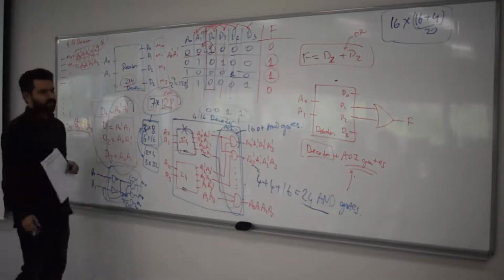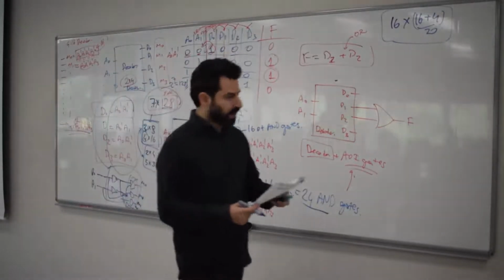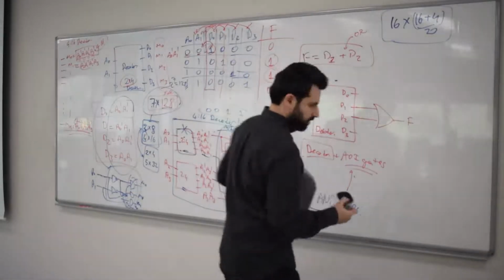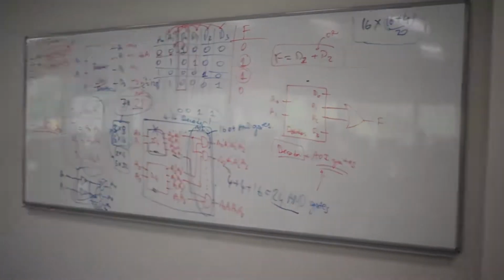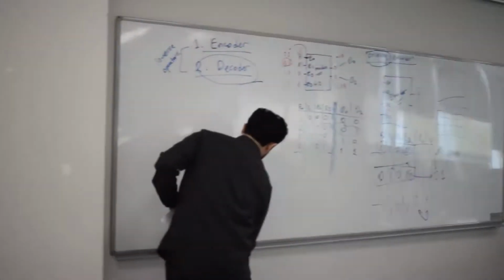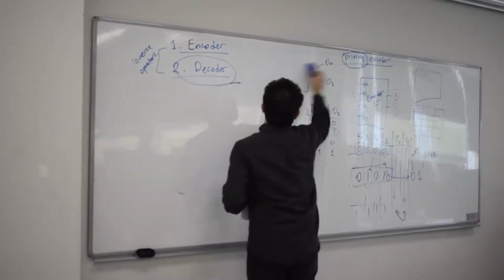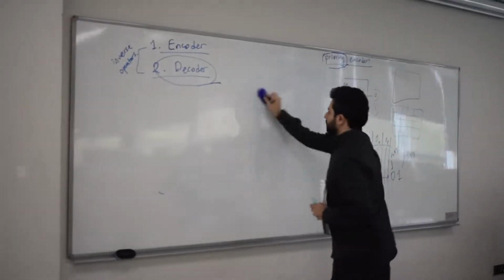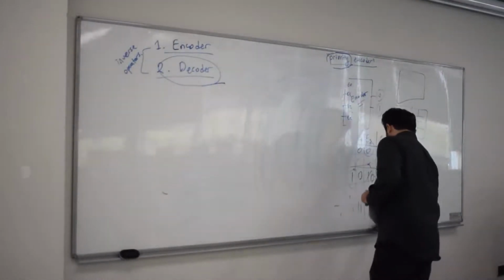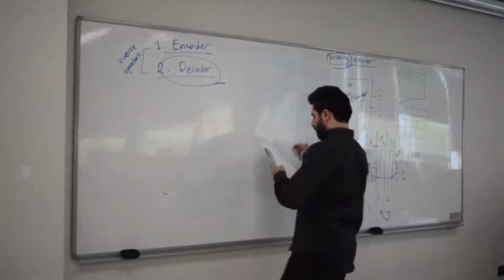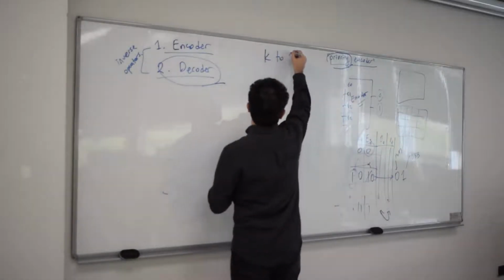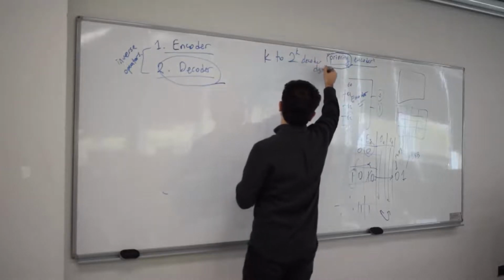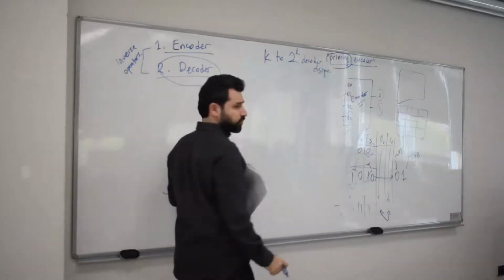That's why usually what we are going to do in hierarchical design, let me move to that part of the board. Okay, so in general, so let me just erase. Okay, in general, we have a K to 2 to the K decoder design.